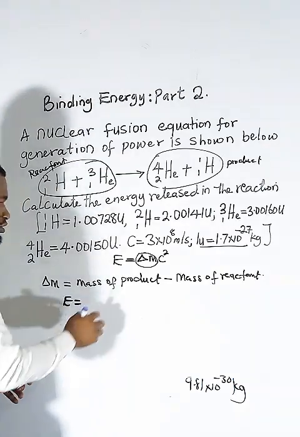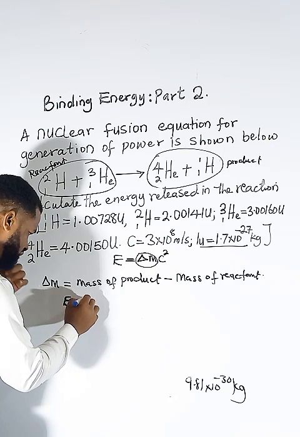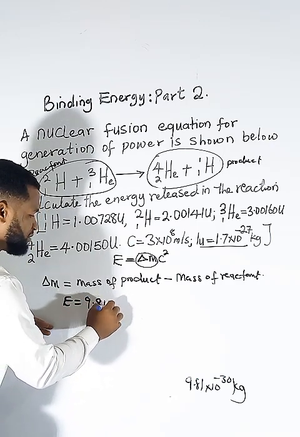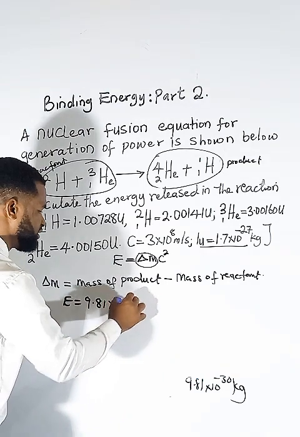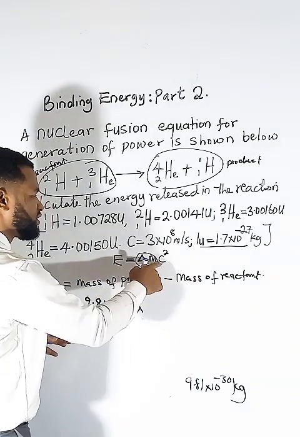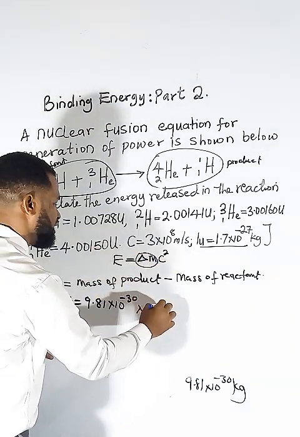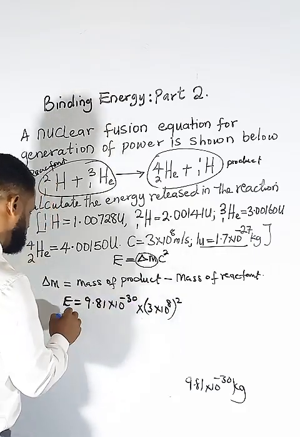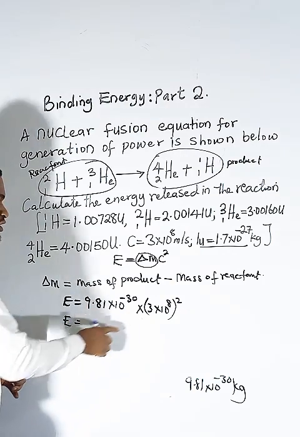E is going to be equal to the mass defect, which is 9.81 times 10 raised to the power minus 30, then times c, given as 3 times 10 raised to the power 8, all squared.